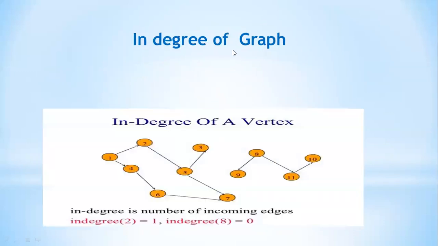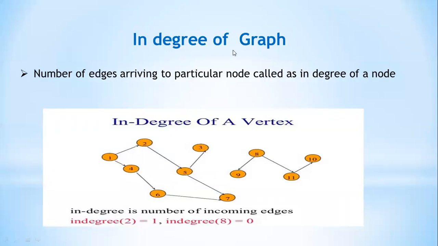Now, the next terminology is the in degree of a node. So in any graph, what exactly does in degree of a node mean? The definition says the number of edges arriving at a particular node is called the in degree of the node. So at a particular node, how many edges are coming in?